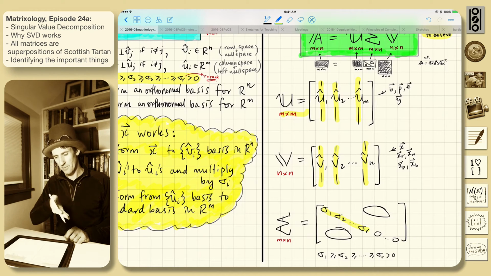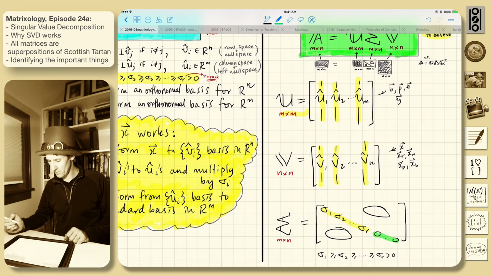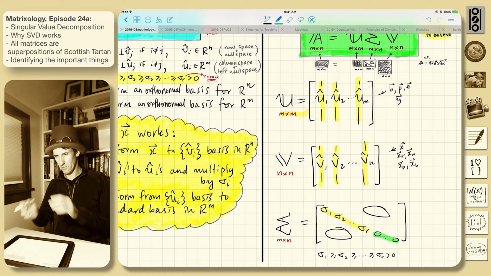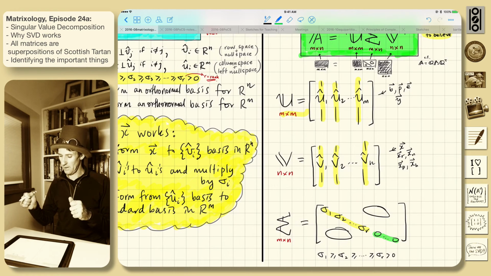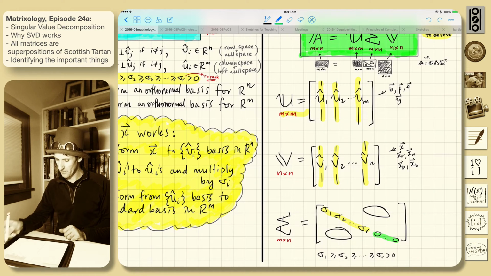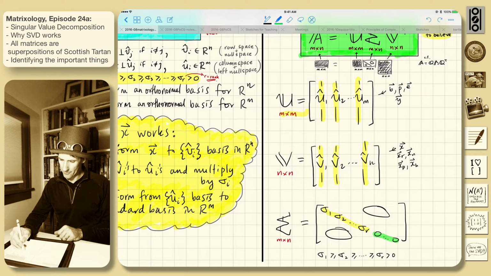And then we have this thing. The sigmas are lined up on the main diagonal, and then zeros here, right? The main diagonal depends on the rank and m and n. It could be a square matrix, it could be uneven. M and n could both be greater than r, so that's how many zeros there are. This is m by n.